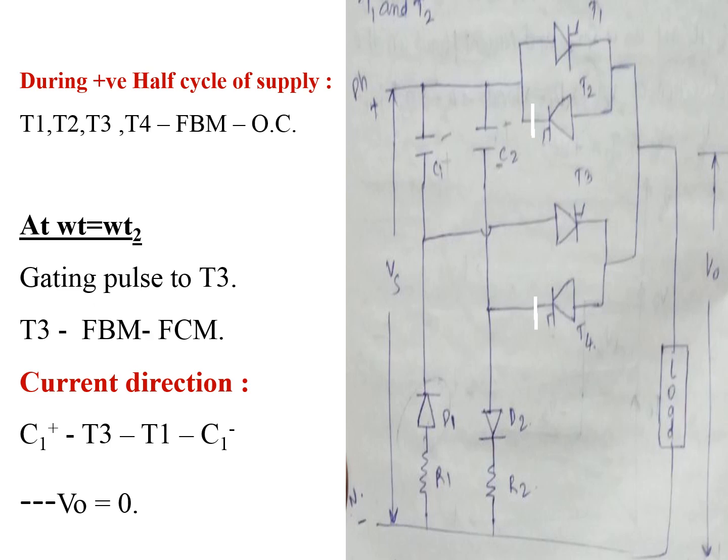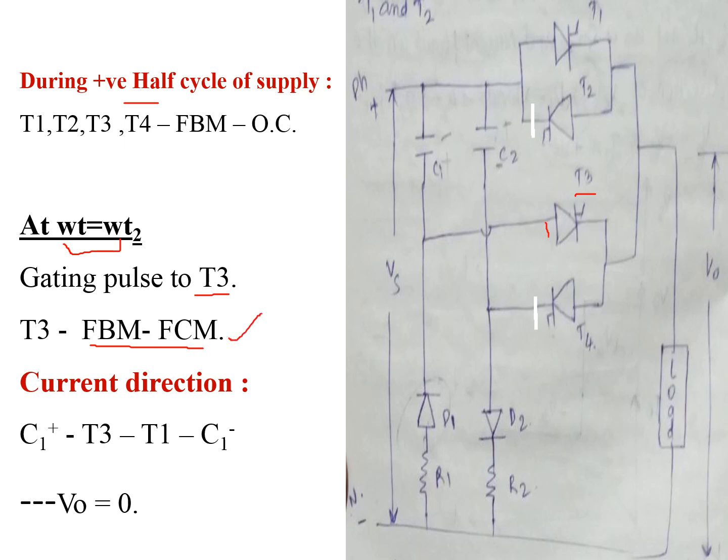During the positive half cycle itself, at omega t equal to omega t2, apply the gating pulse to thyristor T3. By applying the gating pulse, T3 comes from forward blocking mode to forward conducting mode, and it acts as a short circuit.